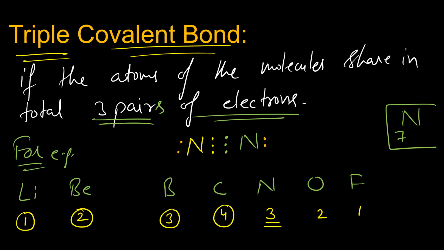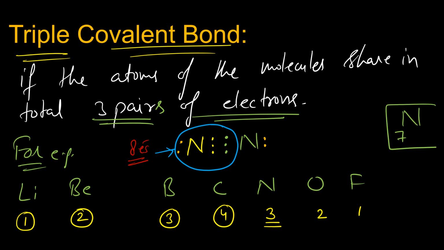So after sharing the 3 electrons, you may see the 3 pairs of electrons. After sharing the 3 pairs, if you count the electrons here, how many electrons in total do they have? 1, 2, 3, 4, 5, 6, 7, 8. Your first nitrogen has in total 8 electrons. It means its octet is completed after sharing 3 pairs of electrons.